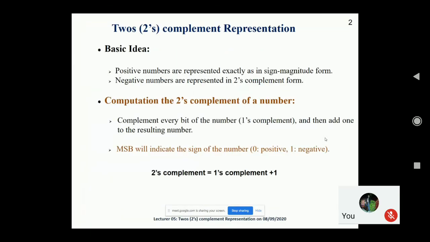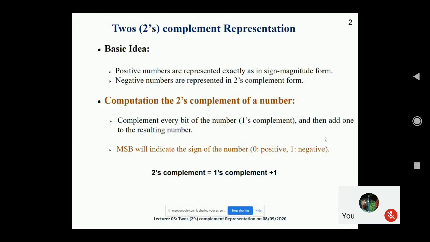So two's complement representation means what? What is the basic idea? When we use the two's complement representation, always remember that positive numbers are represented exactly as in sign magnitude form.